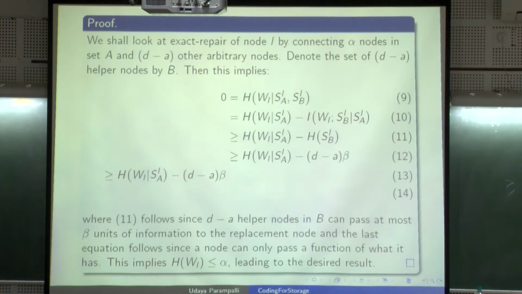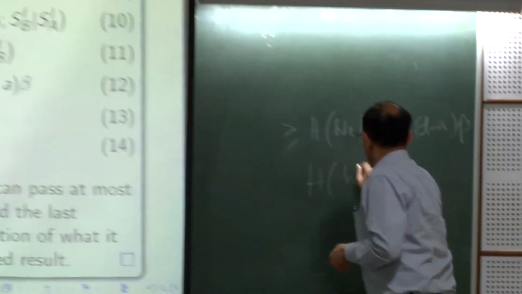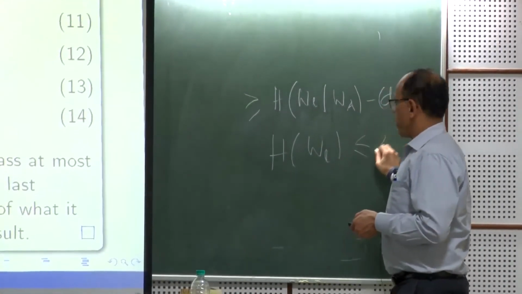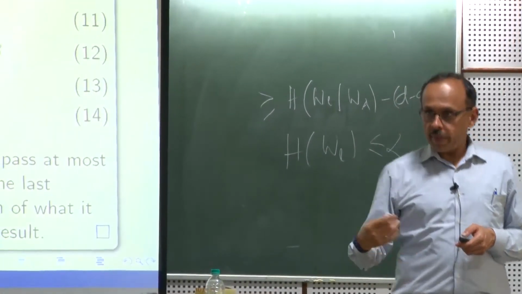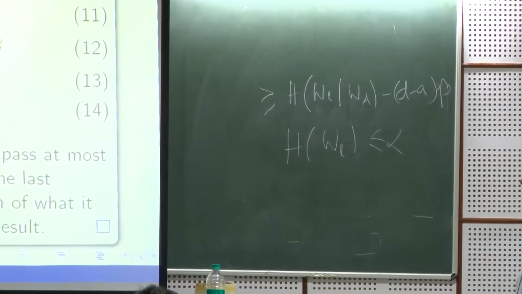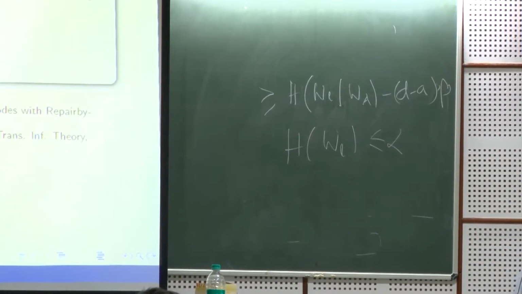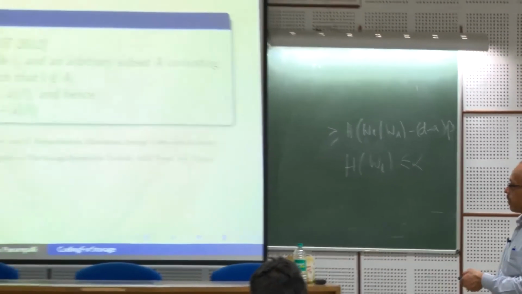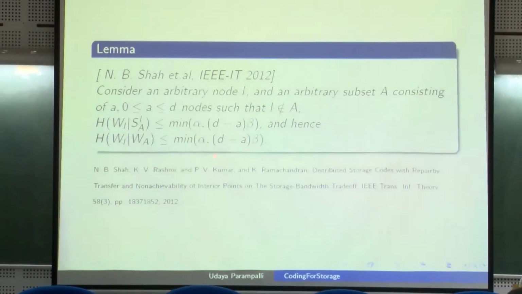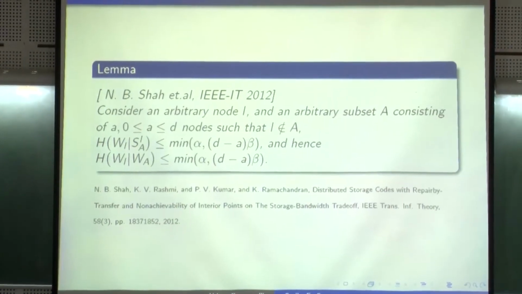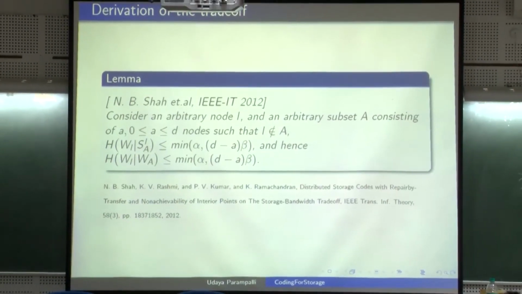And also what you can show is that for any W_L, H of W_L is always less than or equal to alpha, because of the constraint that each node can have only alpha. So that completes the result. You say that H of W_L given W_A is always less than or equal to the minimum of alpha and this. Yeah, is that clear?